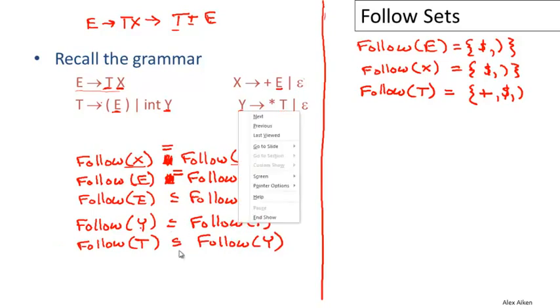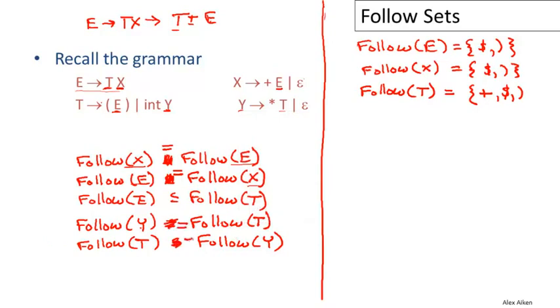Follow of Y is a subset of follow of T, and follow of T is a subset of follow of Y, and so these two sets are going to have to be equal. So we can write down here that the follow of Y includes plus, dollar, and close paren, just like the follow of T. And now we're done.